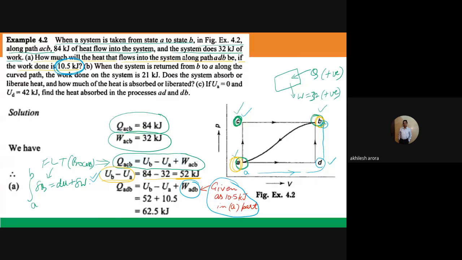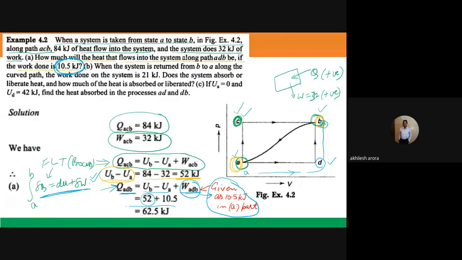And once again, it is a process only. So I can use this equation, delta Q is equal to dU plus delta W, for the process ADB. So now we write QADB is equal to UB minus UA plus WADB. Now you know this value is already given to us as 10.5, and UB minus UA we have already calculated, it is equal to 52.